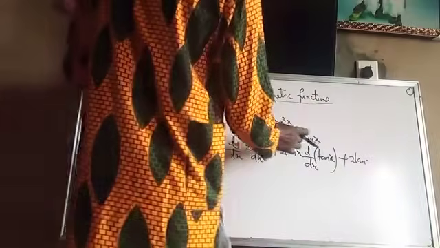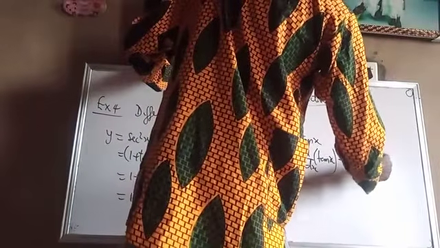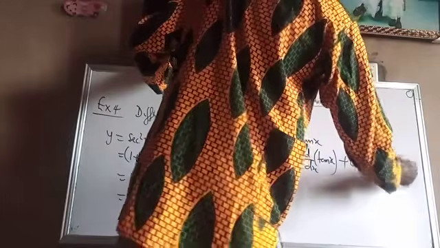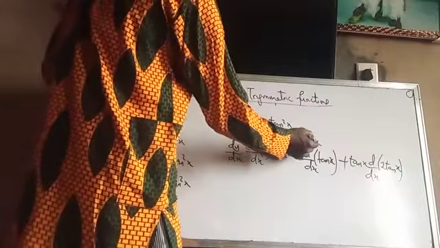You understand? So it's still going to be 2 tan x. We are going to retain tan x outside. Now differentiate d dx of 2 tan x. I brought this out first and differentiated this.